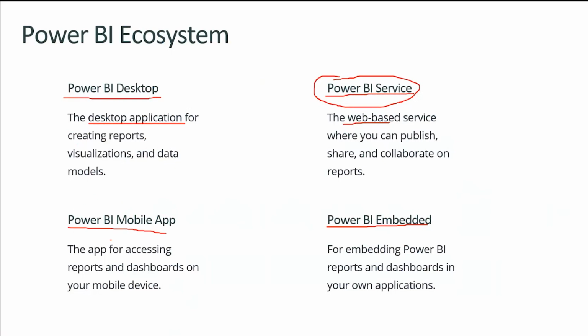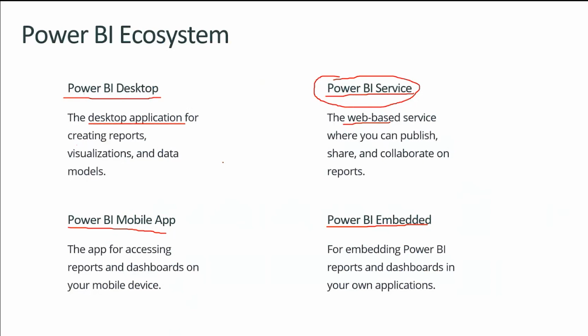Now see, once the reports have been shared with other people, obviously they will want to look at that report. So how do people look at the data? The people with whom the report has been shared can either go to their Power BI service account and view the report which has been shared with them there only.